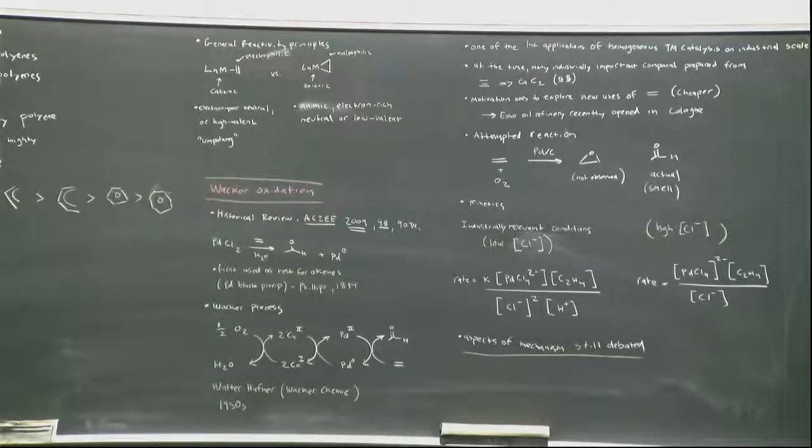And then there was a huge amount of process optimization that took place that I won't go through the details of. And so after a significant amount of development, they arrived at these sort of optimal conditions.